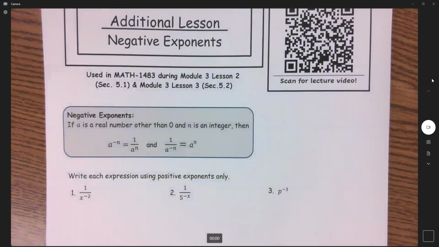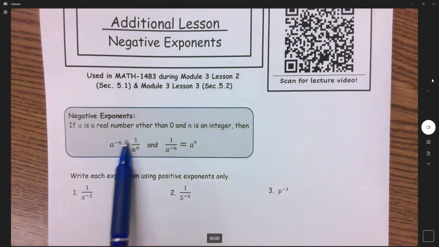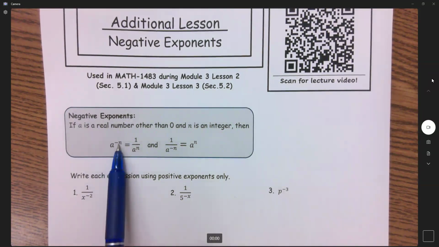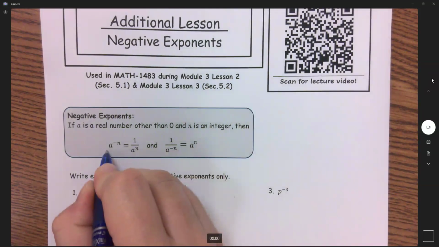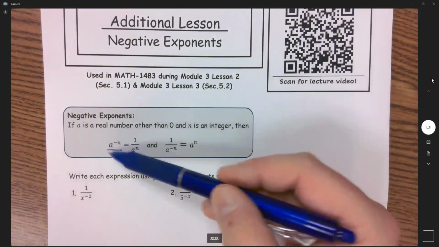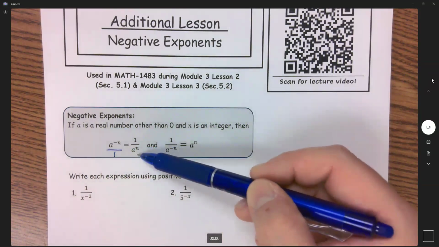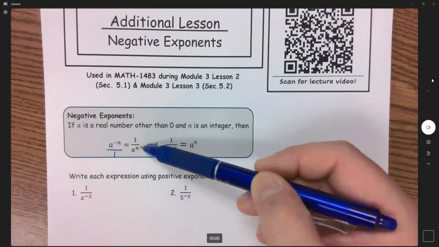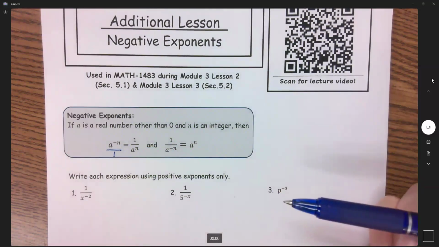But anyways, if I have an exponent that's negative, so a to the negative n power, to turn this exponent positive, since it's up in the numerator, I can make this a fraction and put it over 1. But because it's negative in the numerator, I can simply put it down here to the denominator, and that will change my exponent from negative to now positive.